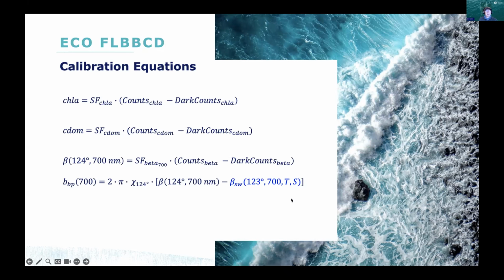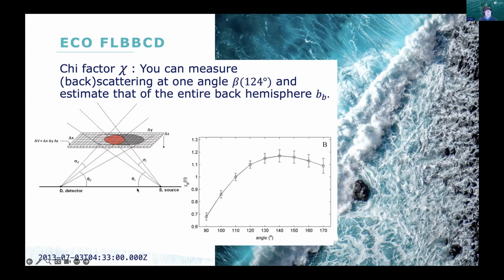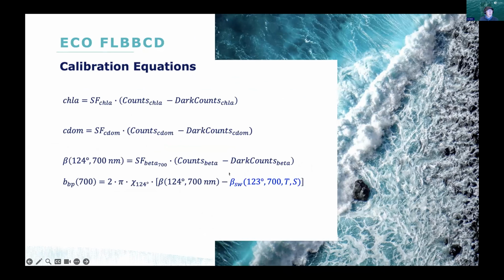But as long as we have those four numbers, we can subtract it. And then we multiply it by that chi factor, which was from here. So for 124, it's about 1.01. And then 2 pi has to do with the spherical geometry that's involved. So it's not a big leap to go from measuring at one angle to essentially getting a hemispherical value.